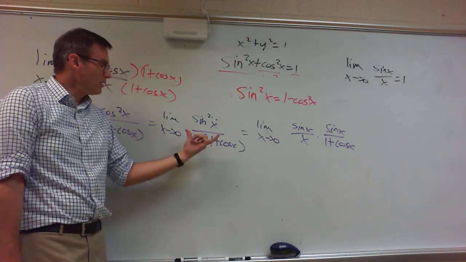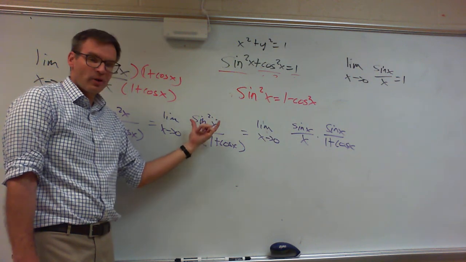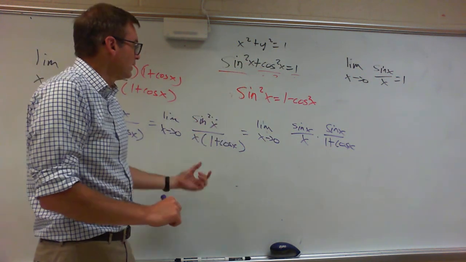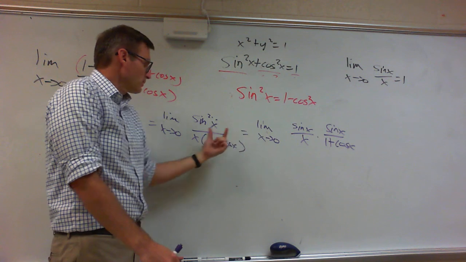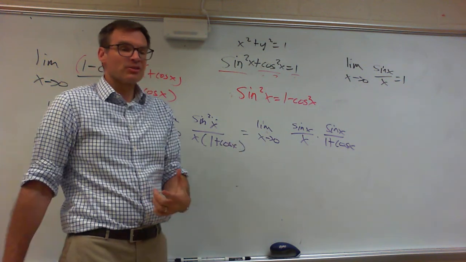All I did was take this, see a sine squared, and break it up into sine x and sine x. Then the bottoms multiply, so I put the x under one of them and the 1 plus cosine x on the other.